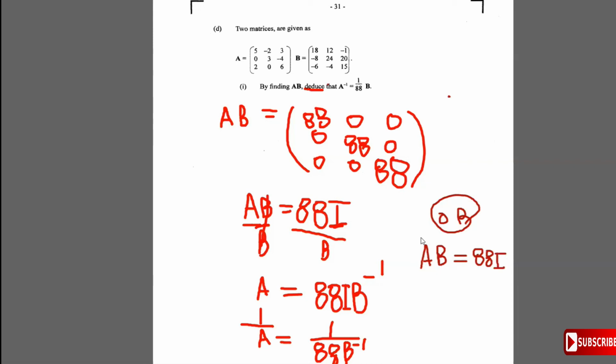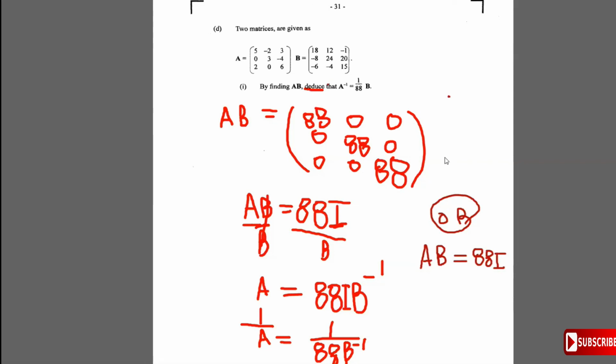They tell us to pre-multiply by A inverse, and you get B is equal to 88I times A inverse. That's one way. Or another way is to pre-multiply both sides by B inverse, and it works out. So you can pre-multiply by the inverse as well.